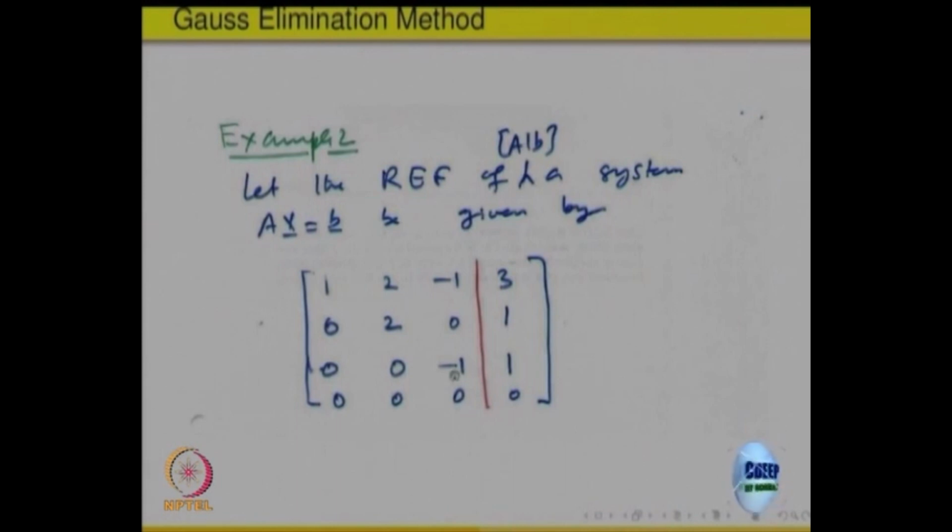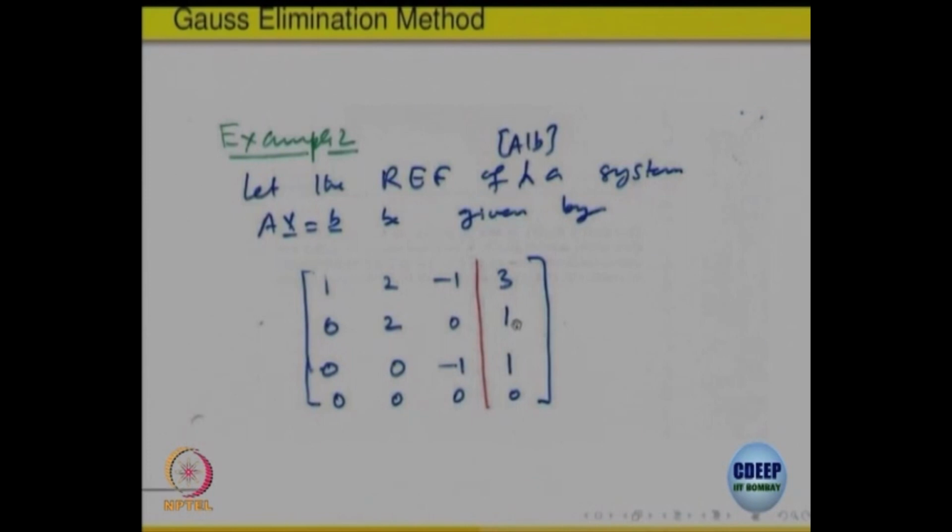What does this equation give you? This variable is x1, x2, x3. So, it gives you minus x3 is equal to 1, right. Minus 1 times x3 is equal to 1. So, x3 equals minus 1. Look at this equation, it says 0 times x1, so that is gone, 2 x2 is equal to 1.